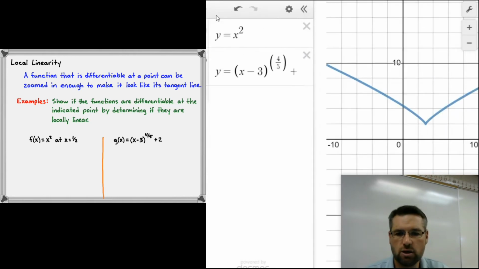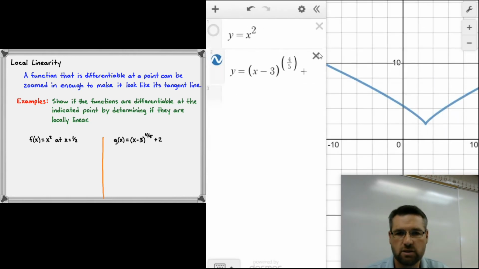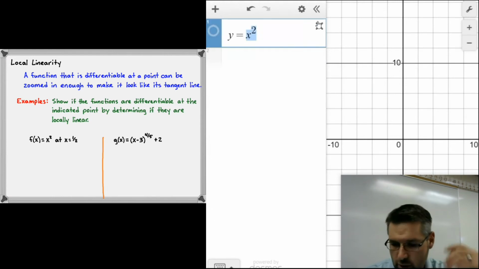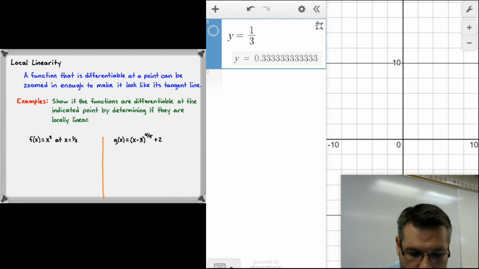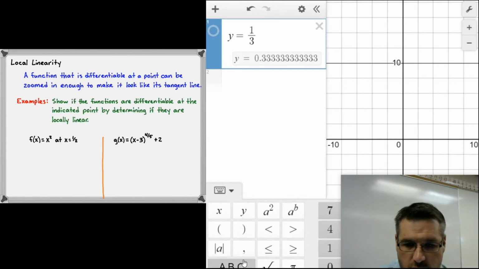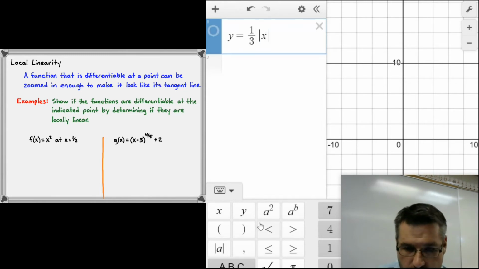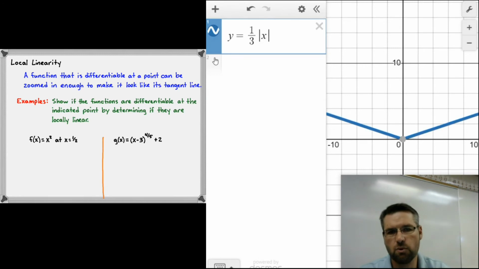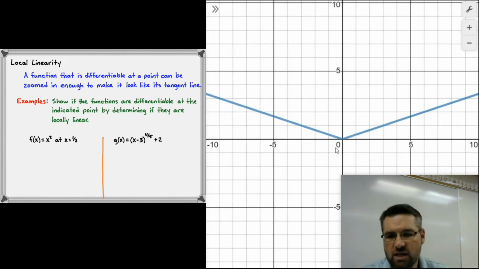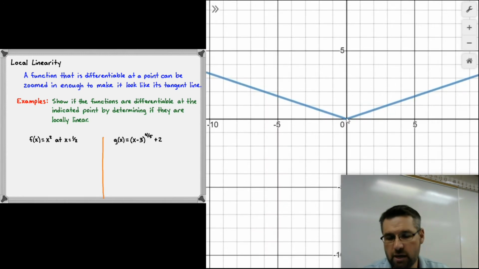Let's go ahead and take a look at maybe a different function. Let's do an absolute value function here. Absolute value of x, for example, okay? And we'll graph that. So if we look at this function, we can see it's not differentiable here.